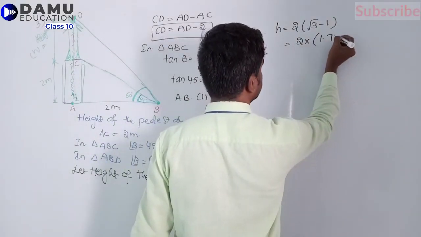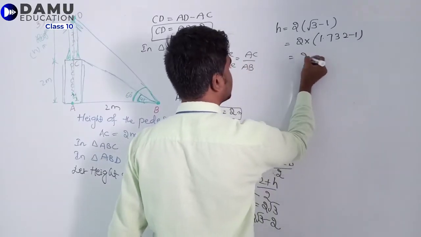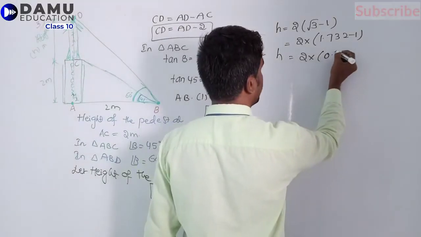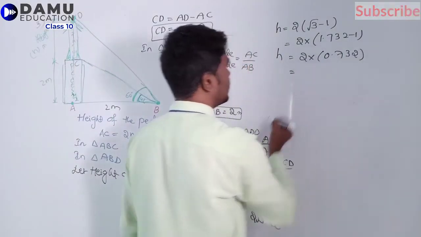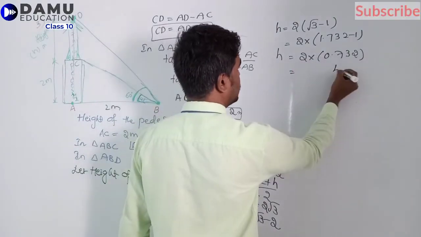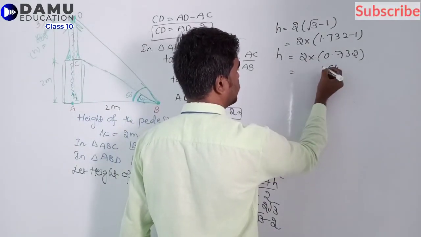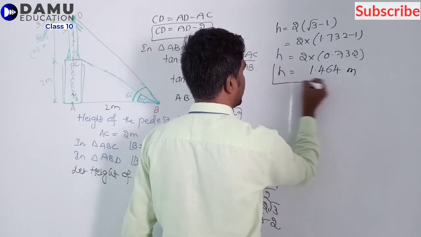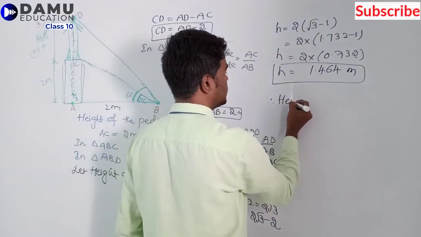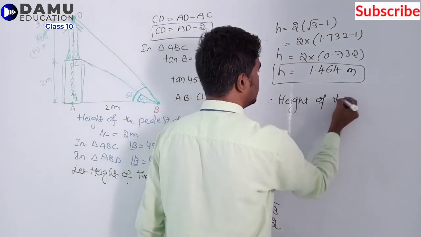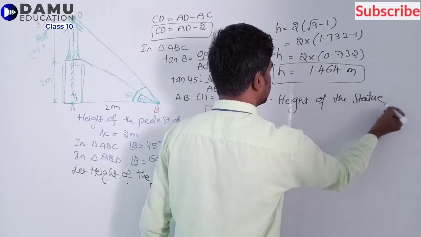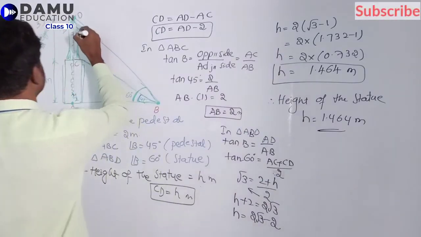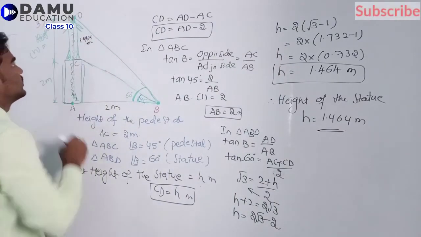So 2 into 1.732 minus 1, which is obviously 0.732. 2 into 0.732 is 1.464. Therefore the height of the statue, small h, will be equal to 1.464 meters. That is the height.